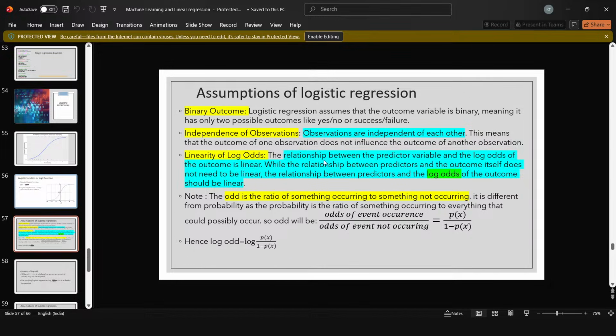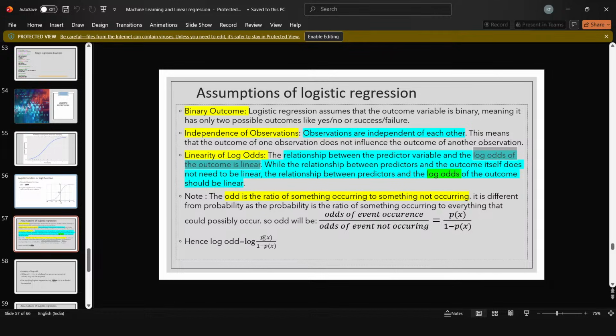In linear regression, we saw that the relationship between the predictor variable and y is linear, right? Because it is linear regression, the relationship between x and y should be linear, where x is the predictor and y is the predicted variable. But here, instead, the log odds of the outcome must be linear.